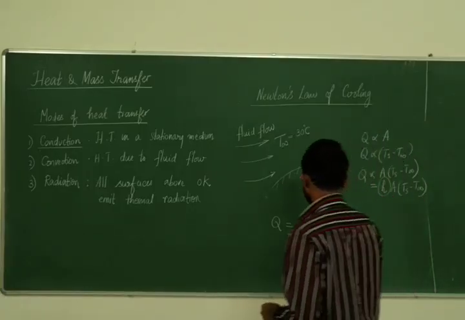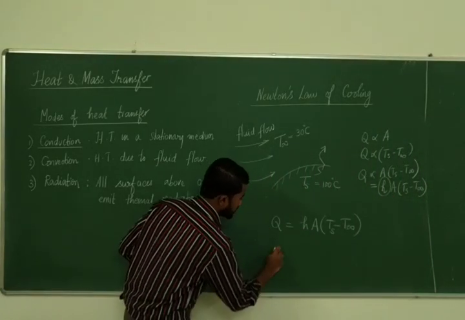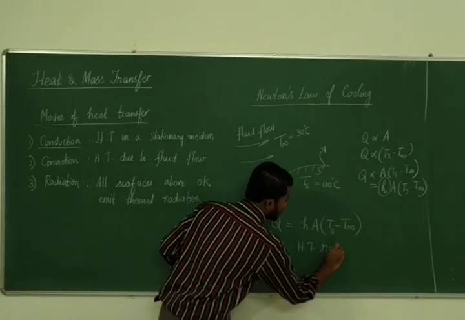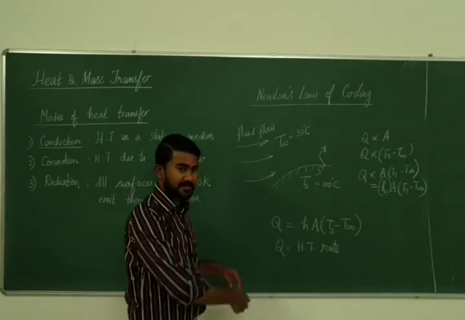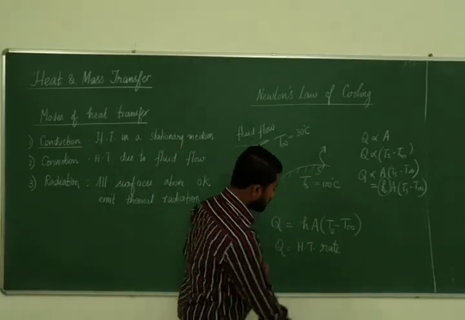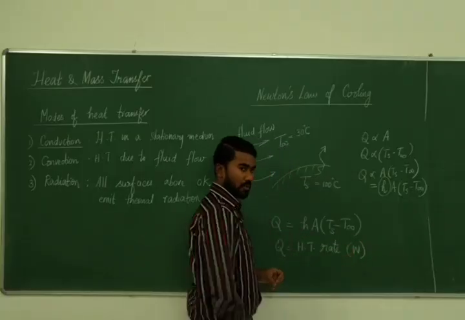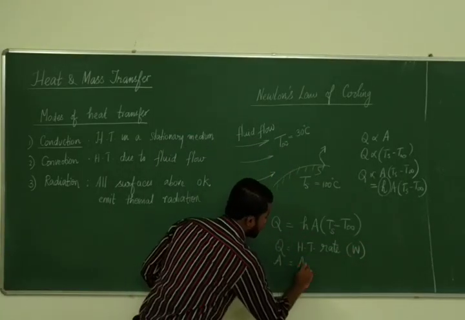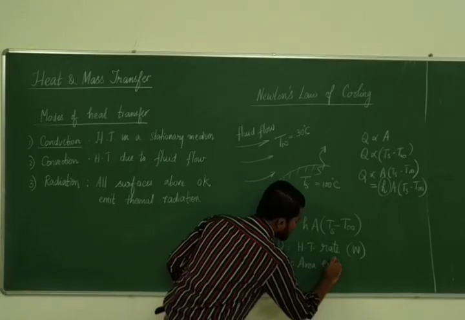So again, let us write the quantities along with the units. Q is the heat transfer rate. Now this heat transfer is due to convection because it is due to fluid flow. The heat transfer rate is always in watt. Capital Q is always in watt. A is the area exposed to convection.